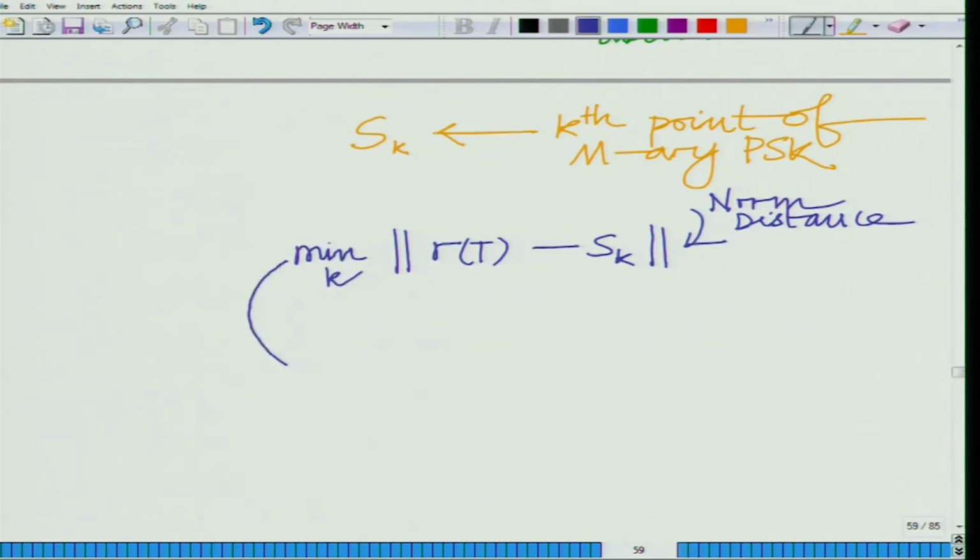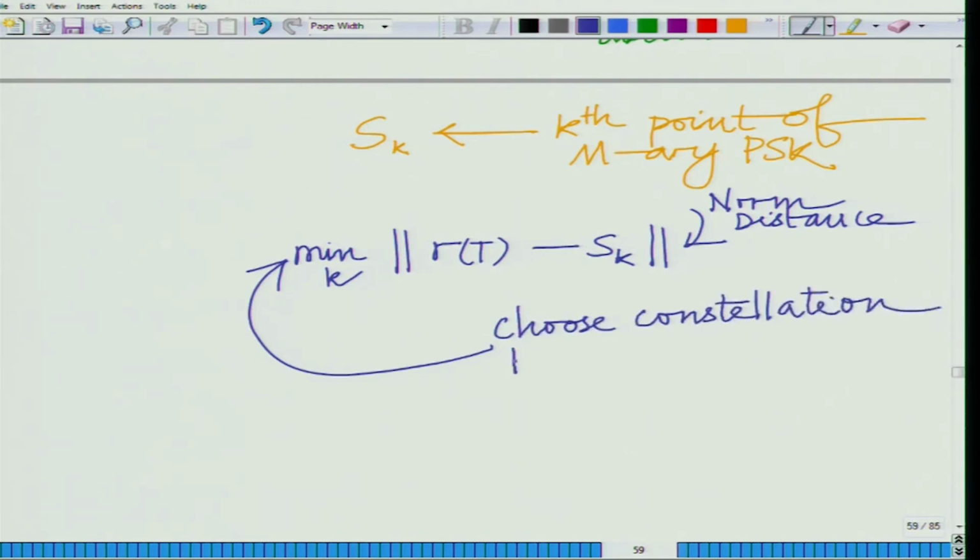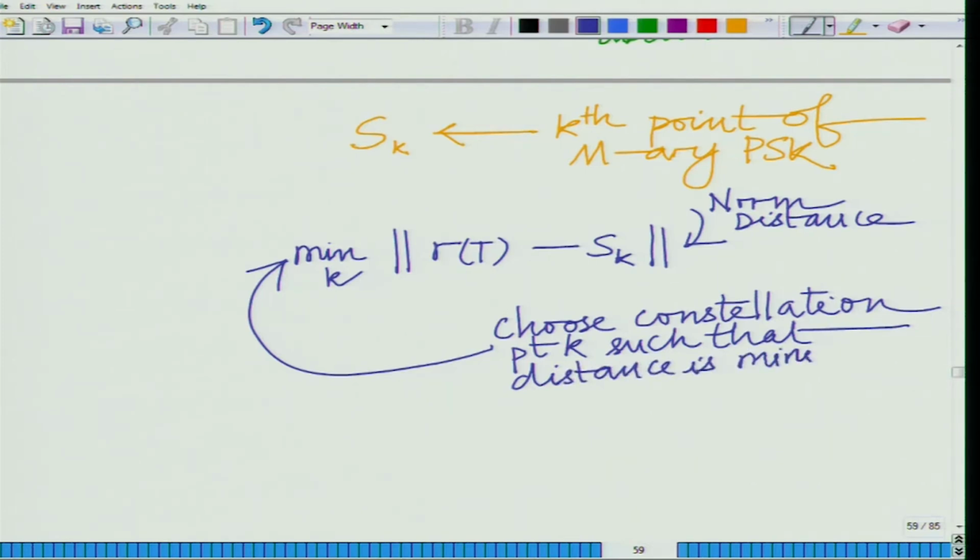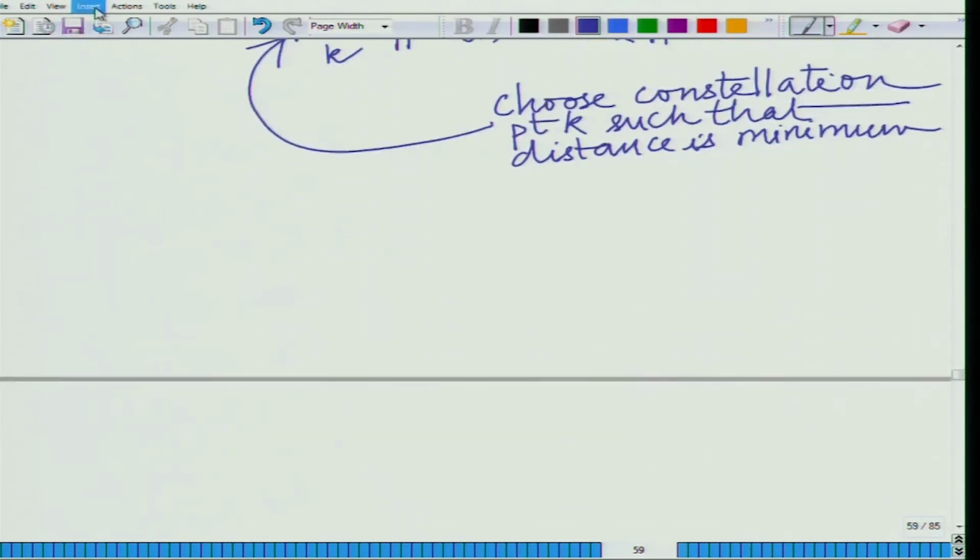So, choose the constellation point k such that the distance is minimum.